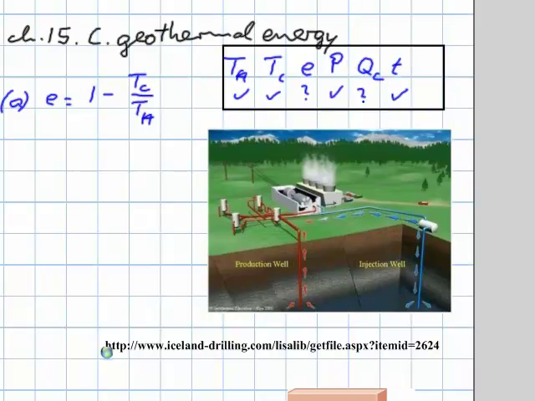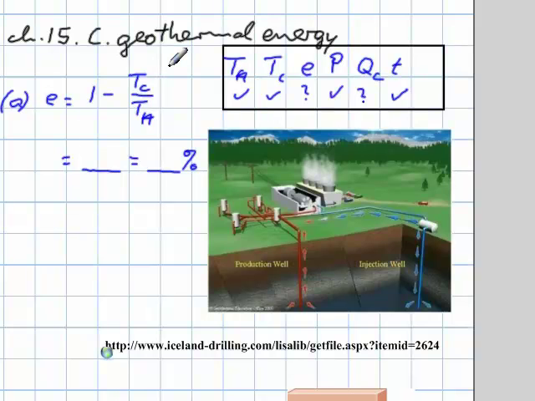So here all we have to do is plug in the numbers, and you come up with either a decimal or a percentage. That would be 1 minus 323 divided by 505.